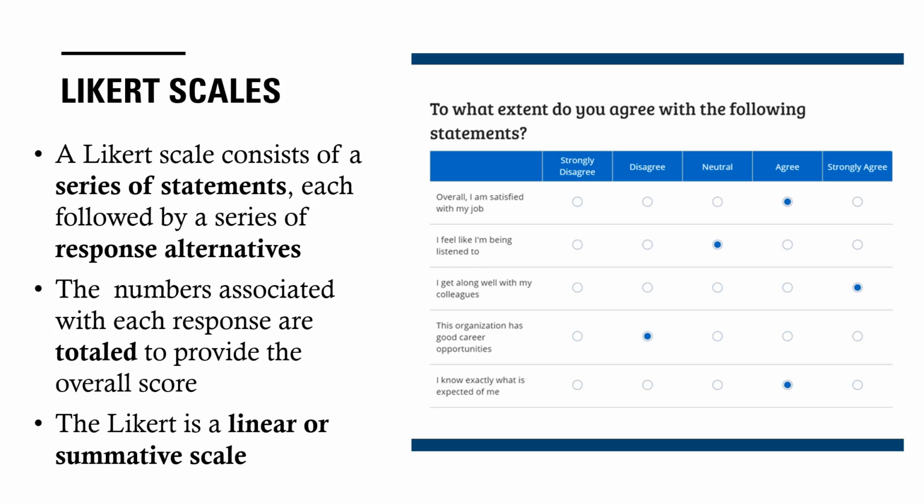I feel like I'm being listened to. I get along well with my colleagues. This organization has good career opportunities, and I know exactly what is expected of me. A person would answer the response choices using strongly disagree through strongly agree, and once those have all been answered, the researcher can add up the responses to give a total score for that person's level of job satisfaction.